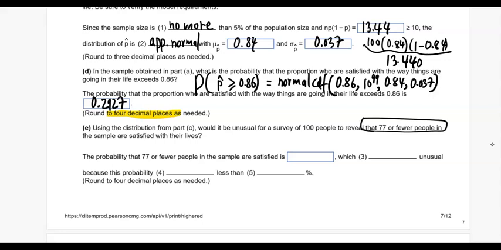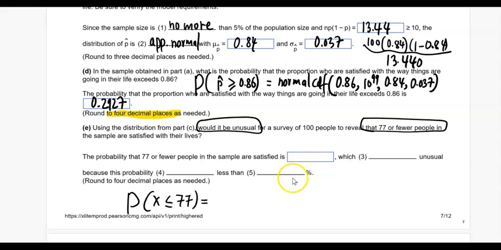So to check if this is unusual or not, you have to find the probability. If the probability is less than 5%, or less than 0.05, we call this unusual. In this question I'm looking for the probability of x fewer than 77.